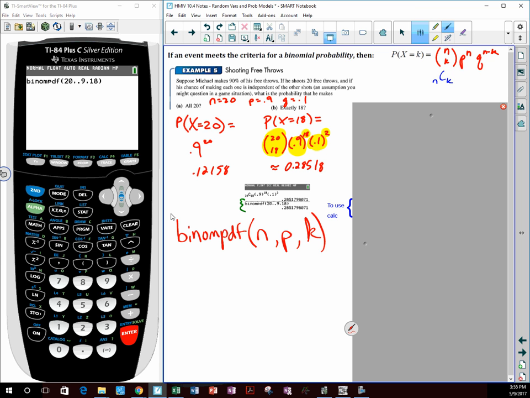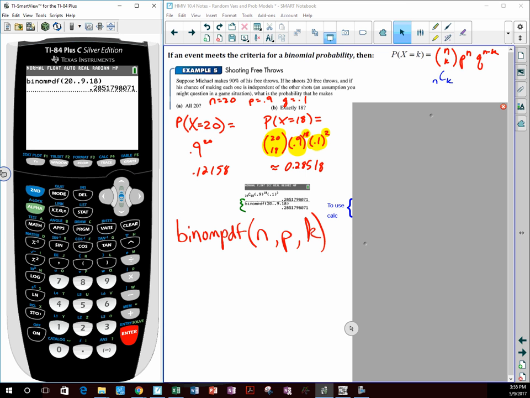I'll put K because that's what we had in our notes earlier, was the number of successes was K. That's how you type it in if you have an older calculator. Okay, so it looks just like we have up here. And when you hit enter, you get the same exact answer that we did before. Your calculator calculates that binomial PDF for you.